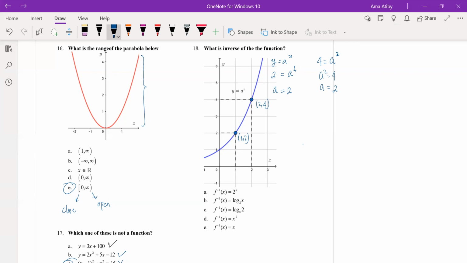So we got a equal to 2, and therefore the function here is 2 to the power of x.